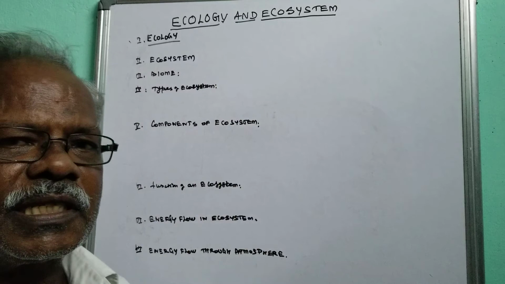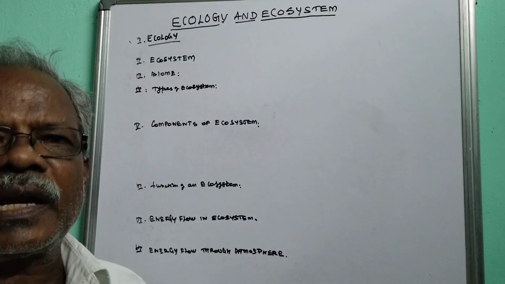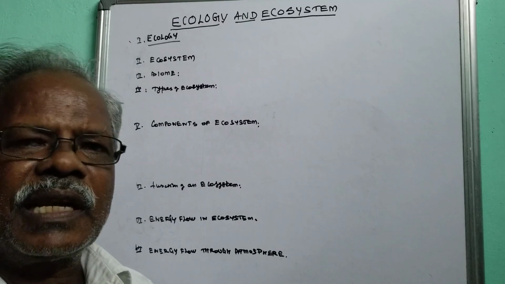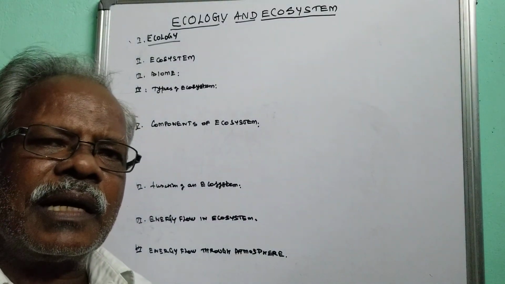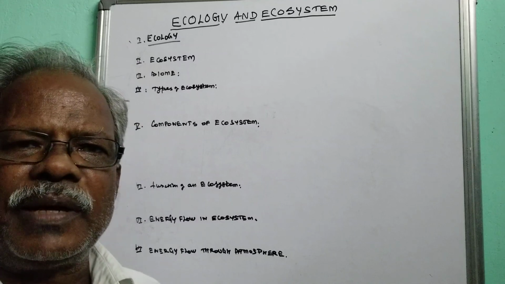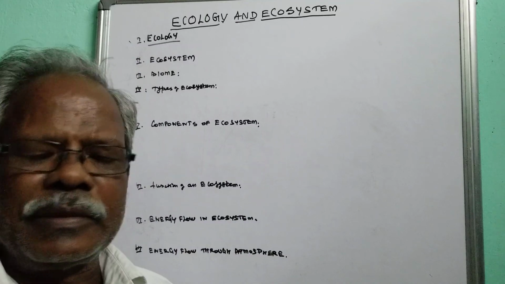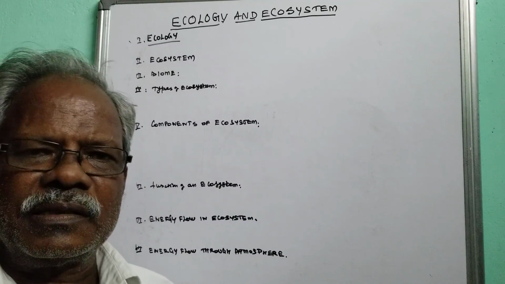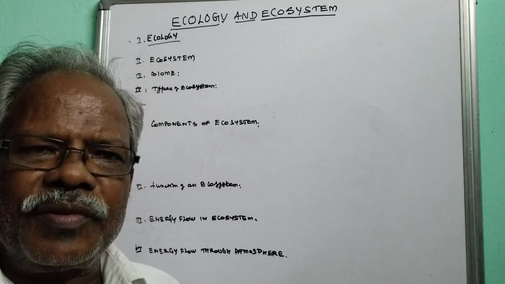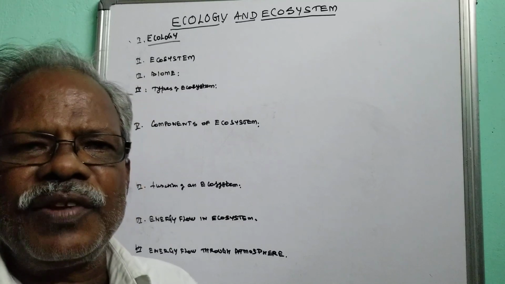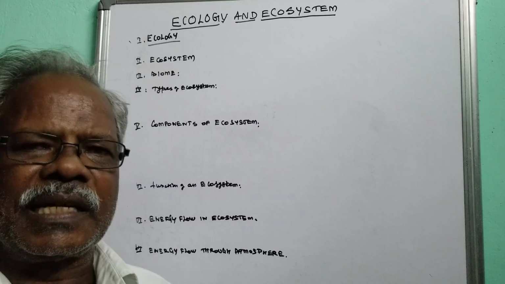And the ecosystem is the study of the fauna and flora with reference to how the biotic and abiotic factors influence the fauna and flora, how it supports, and how the abiotic and biotic factors influence the living being, that is fauna and flora, that is plants and animals.